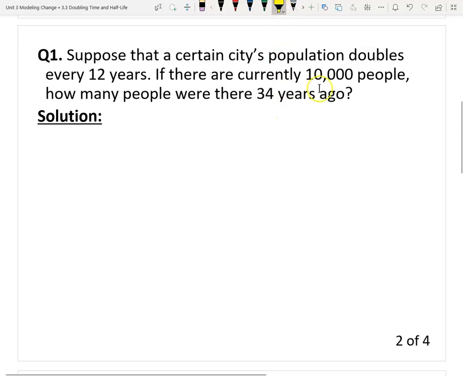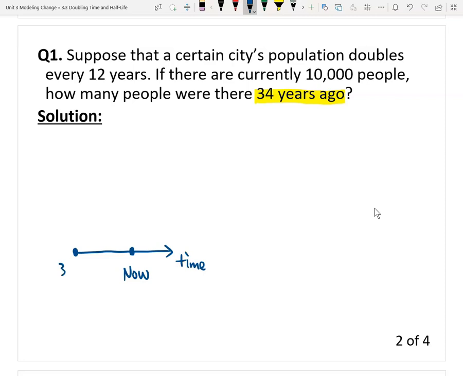Let me highlight: 34 years ago is the initial value. Let me draw a graph to show why. If this is the timeline, time, and currently, which is now, is up here, and this initial point is 34 years ago.